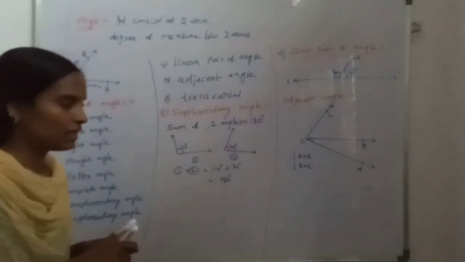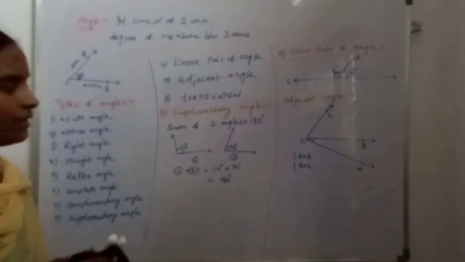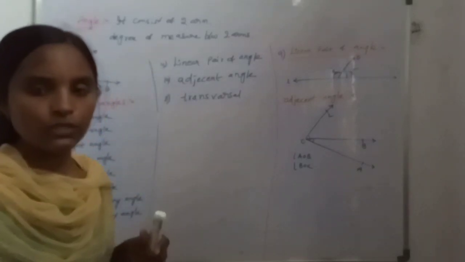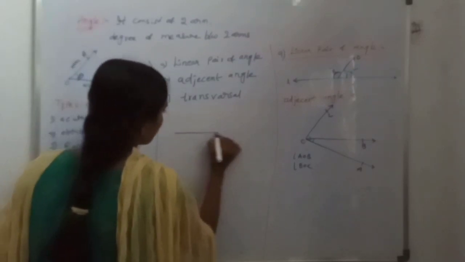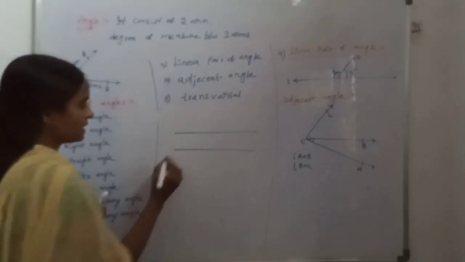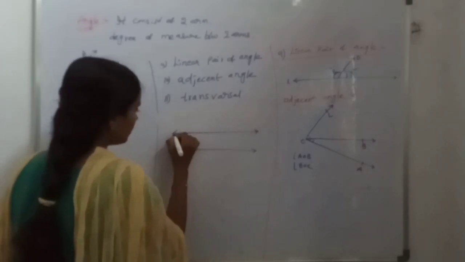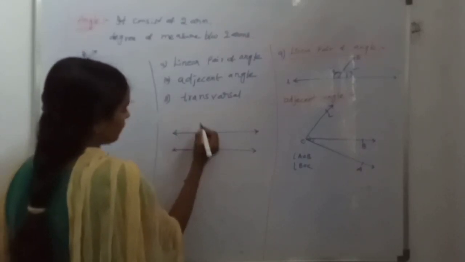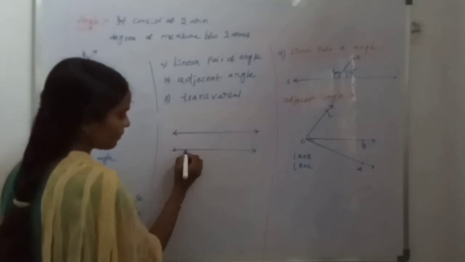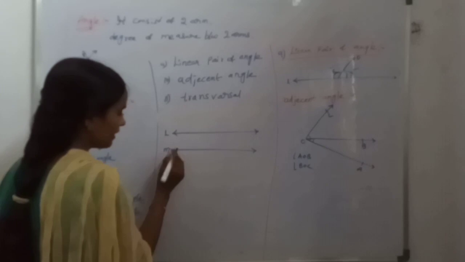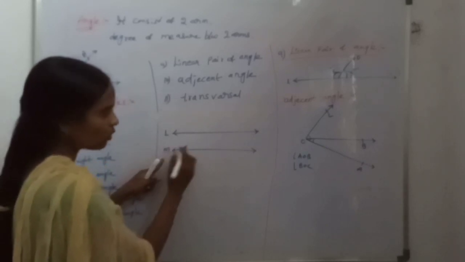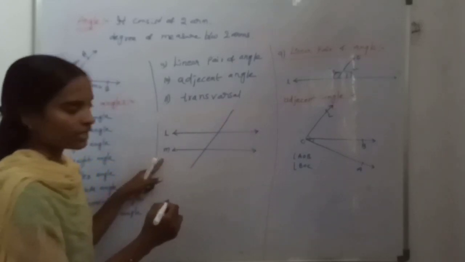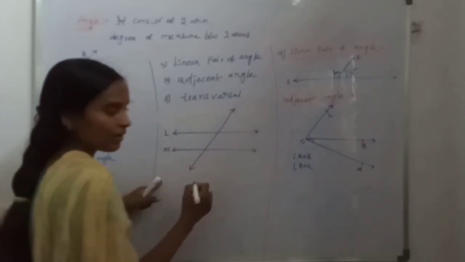Now let's see transversal. Transversal means, here I am taking two parallel lines, line L and line M. Now another line intersects them.